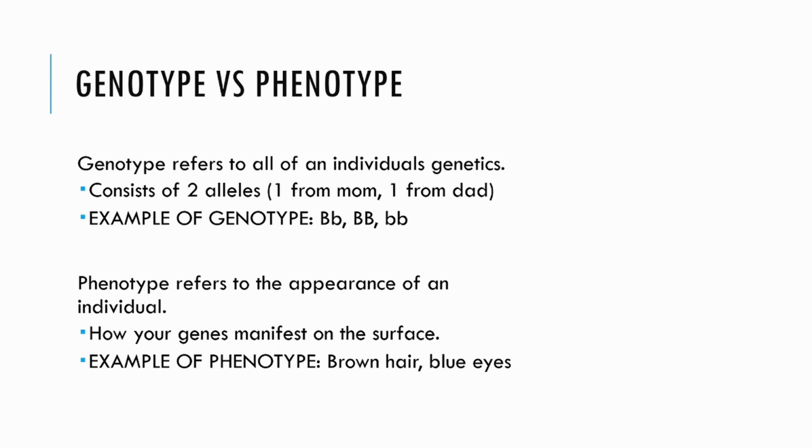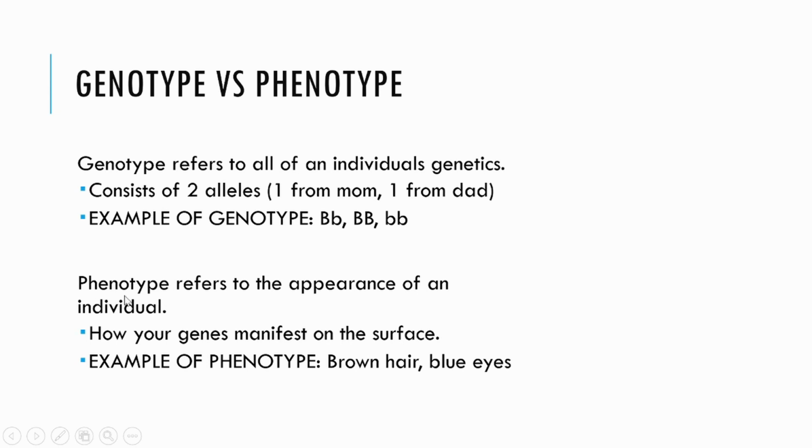So we see them put into these combinations, these two-letter combinations, one of which came from the person's mom and the other which came from the person's dad. So these two letters are representing the copies of the gene that this person would have. So that is genotype. We're talking about what are the alleles found in a person for a certain gene.